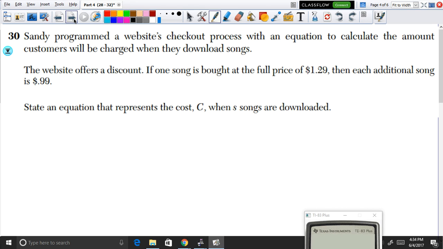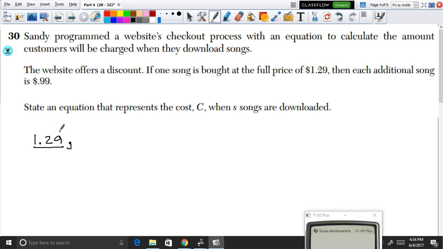Now you can think about this as if it was some kind of an arithmetic sequence. How do we know it's an arithmetic sequence? Well, let's put a scenario. Let's say that you buy a song. You buy your first song, you pay $1.29. Let's say that you buy two songs now.